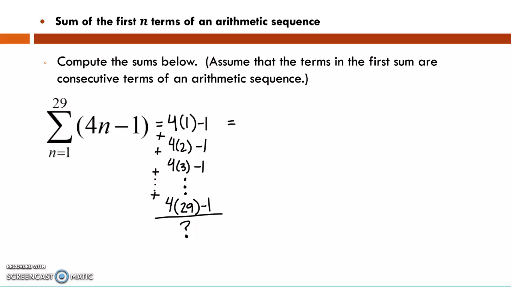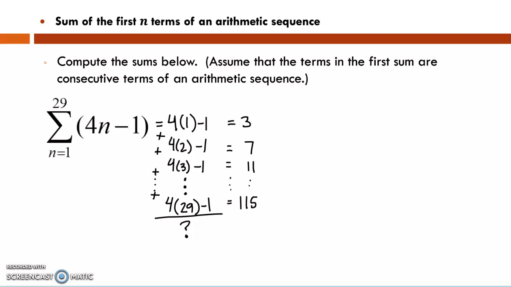So what we have is a sequence that is 3, and then 7. Let's do it vertically still. And then 11. And then 115.